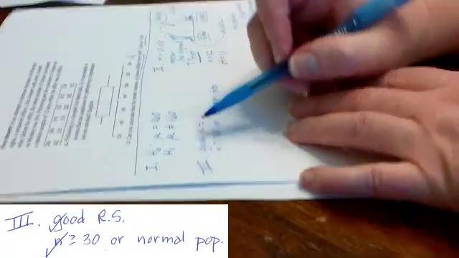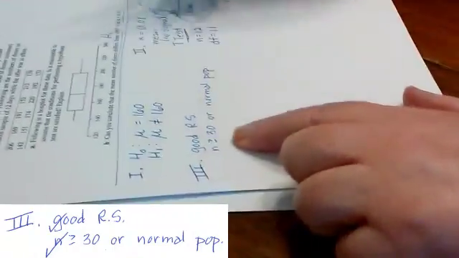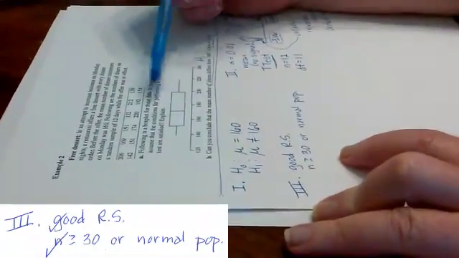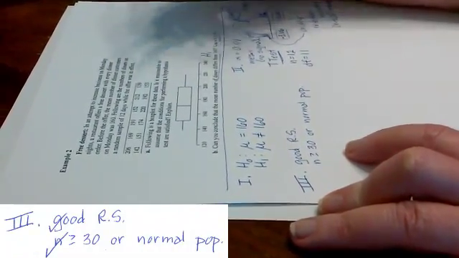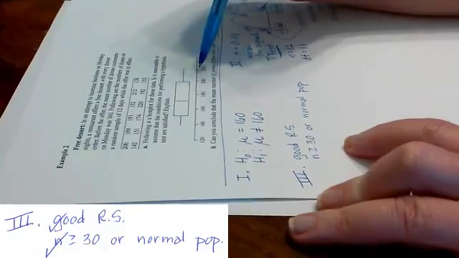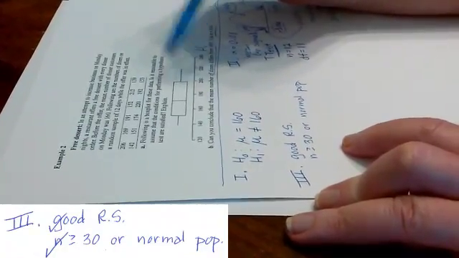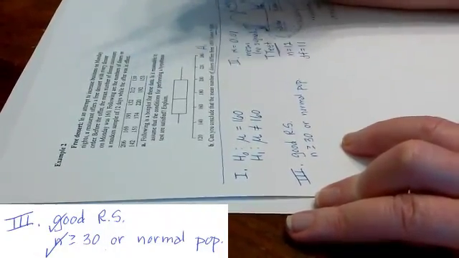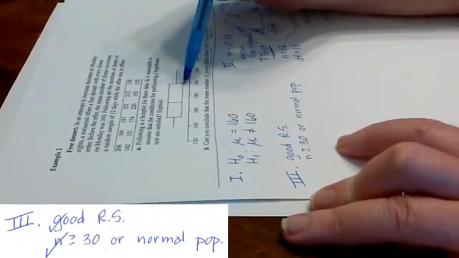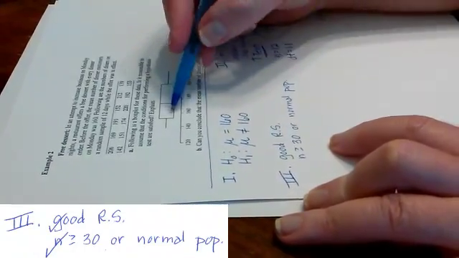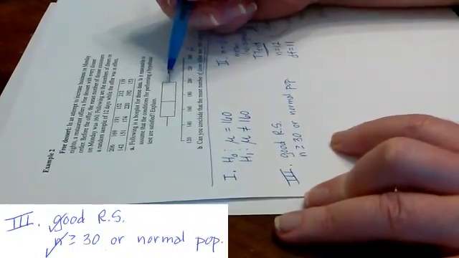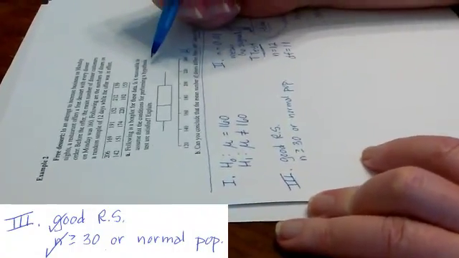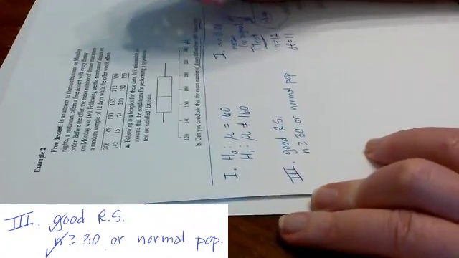Okay, we do not have n greater than or equal to 30. We have 12. And this is why in part A, he gives us this little box plot. He says we're going to look at this and see if it looks approximately symmetric and if there are no outliers. And this is approximately symmetric with no outliers, so we're going to assume it's okay.